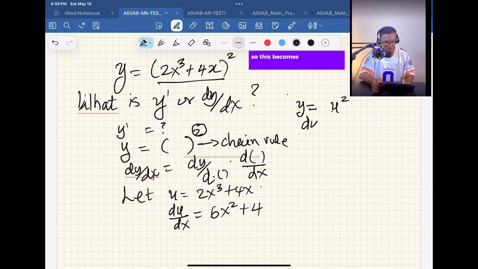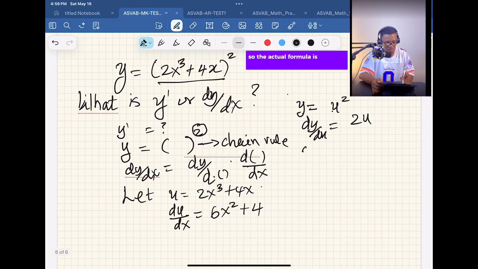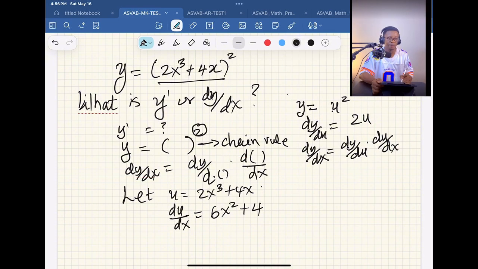So dy over du becomes 2u, which is 2u raised to the power 2 minus 1. Now you apply the formula: dy over dx equals dy over du multiplied by du over dx.